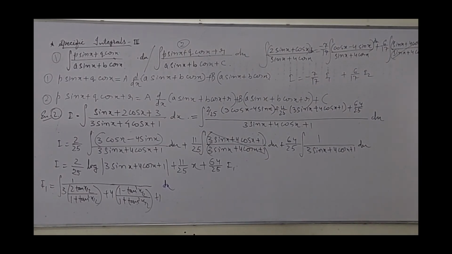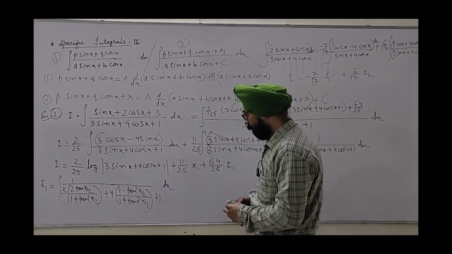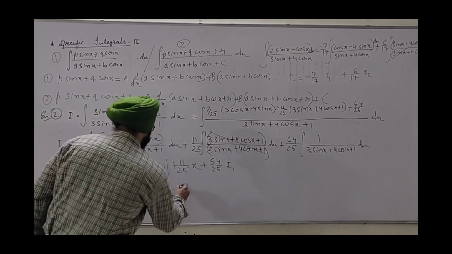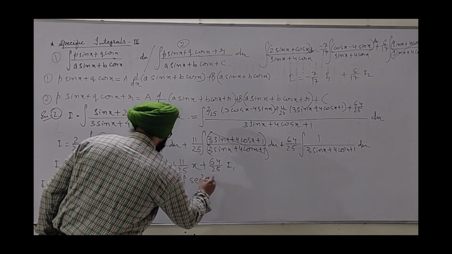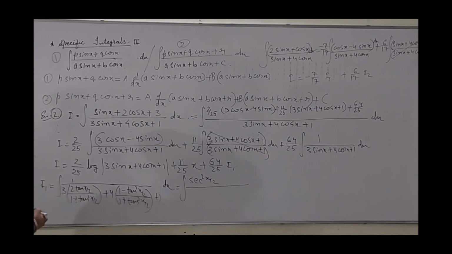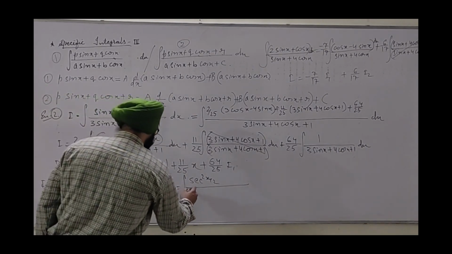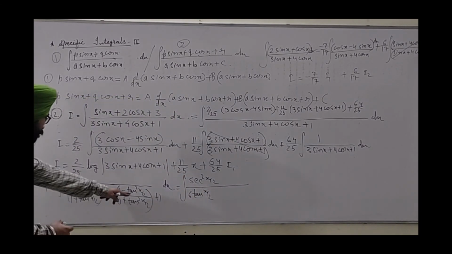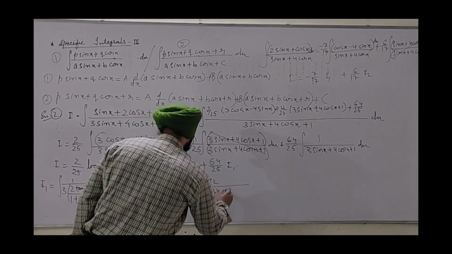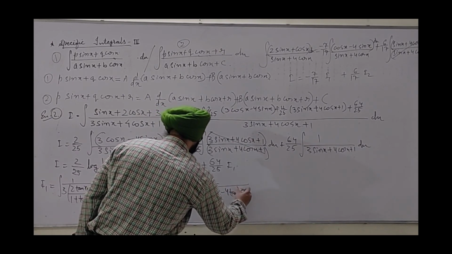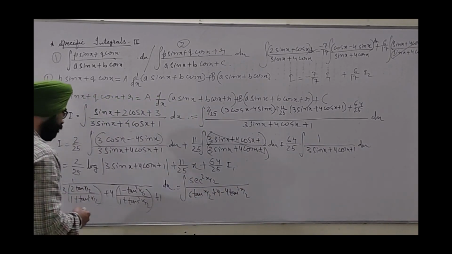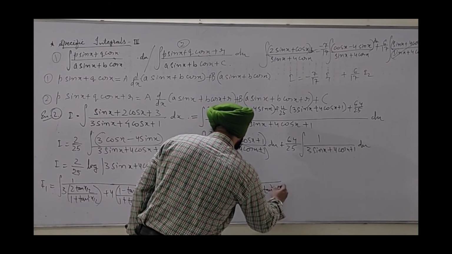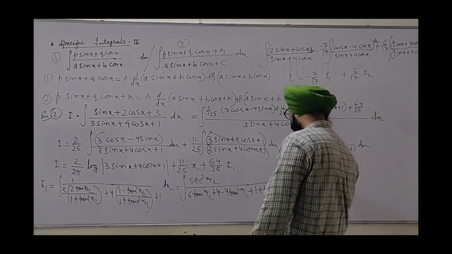So here we need to take LCM. This LCM, 1 plus tan square x by 2, comes up to be sec square x by 2. In the denominator we have 3 twos are 6 tan x by 2. This 4 will be multiplied, plus 4 minus 4 tan square x by 2, plus 1 plus tan square x by 2, dx.